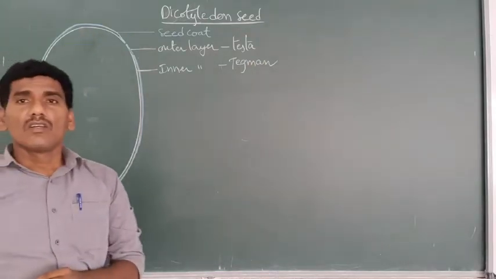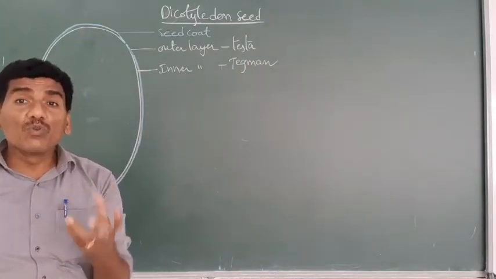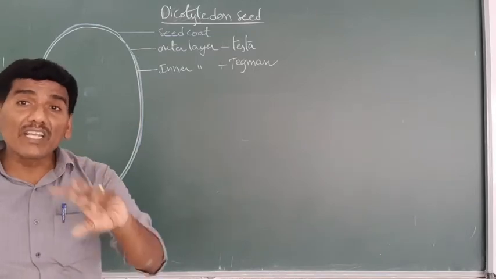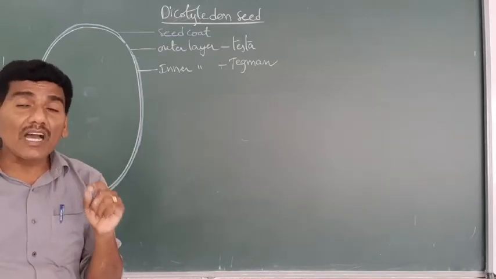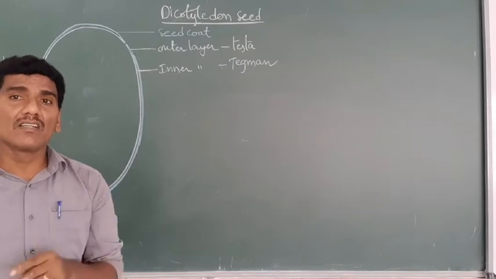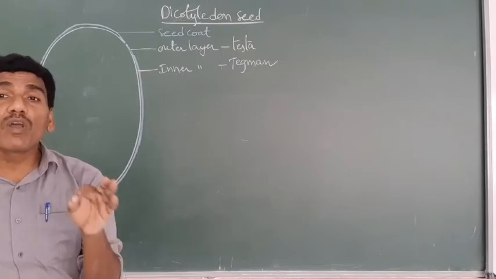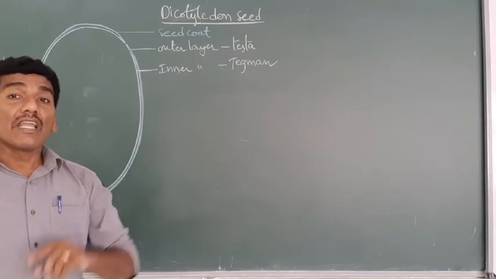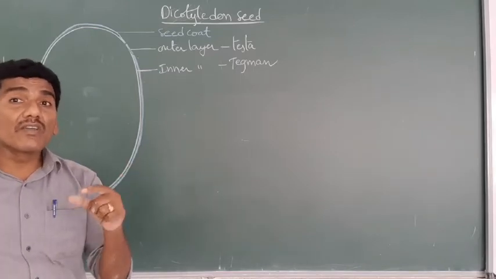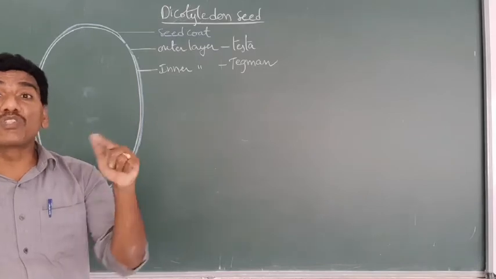Generally, the ovule is protected by two protective layers called integuments. The outer protective layer of the ovule is called the outer integument or exostome. The inner protective layer is called the inner integument or endostome.